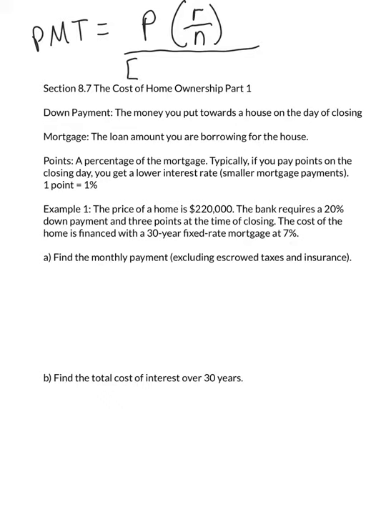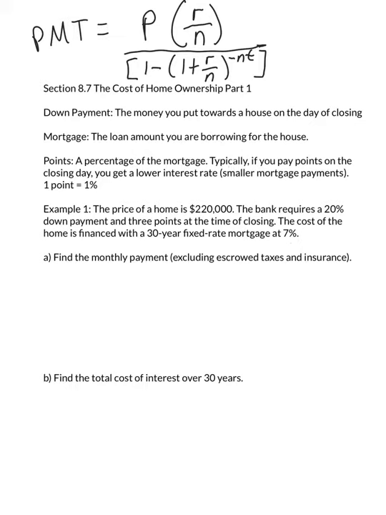I'm going to use a bracket, but you're just going to hit the normal parenthesis button. 1 minus, inner parentheses, 1 plus R over N, close the inner parentheses, and here's what I was referring to with the negative exponent, raised to the negative N times T. T is time in years that you're going to pay back the money, the time frame of the loan.